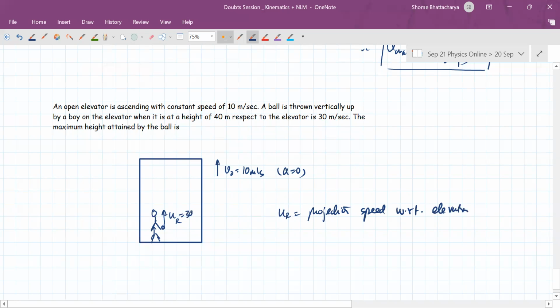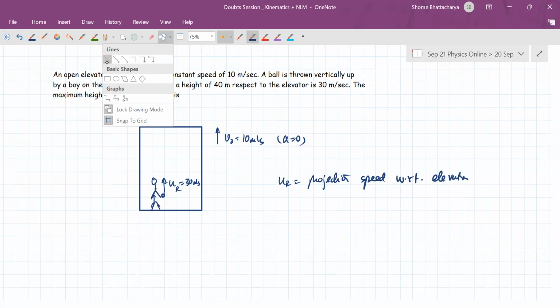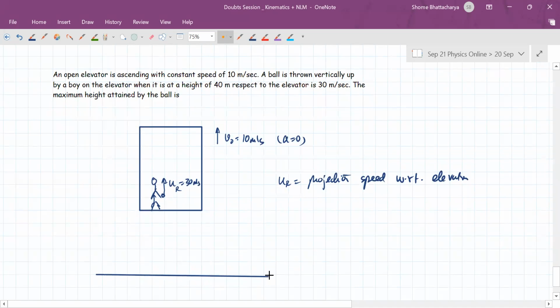This is given to us as 30 meters per second, at an instant when, from the ground level, the elevator or the ball or whatever he is throwing is at a height of 40 meters. This height is 40 meters.